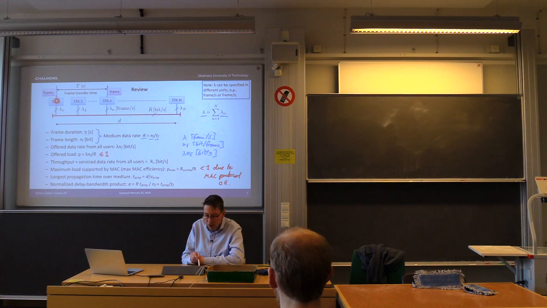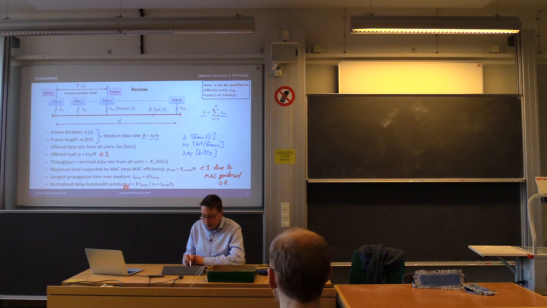So it's the propagation delay from the furthest away stations, from station 1 to station N. And the longer this time is, the harder it is to coordinate all these transmissions. We showed that last time. So the longer the propagation delay is between the furthest away nodes, the harder it is to coordinate their transmissions.